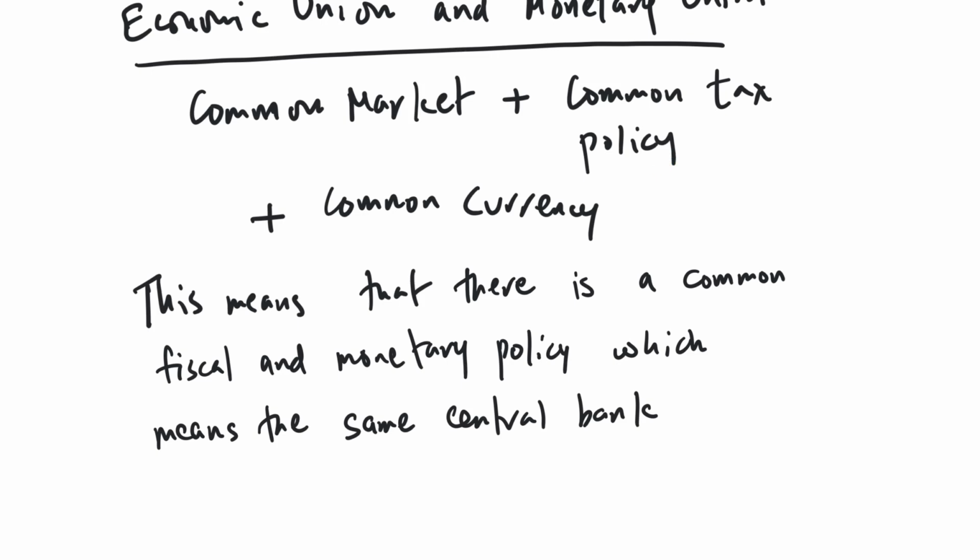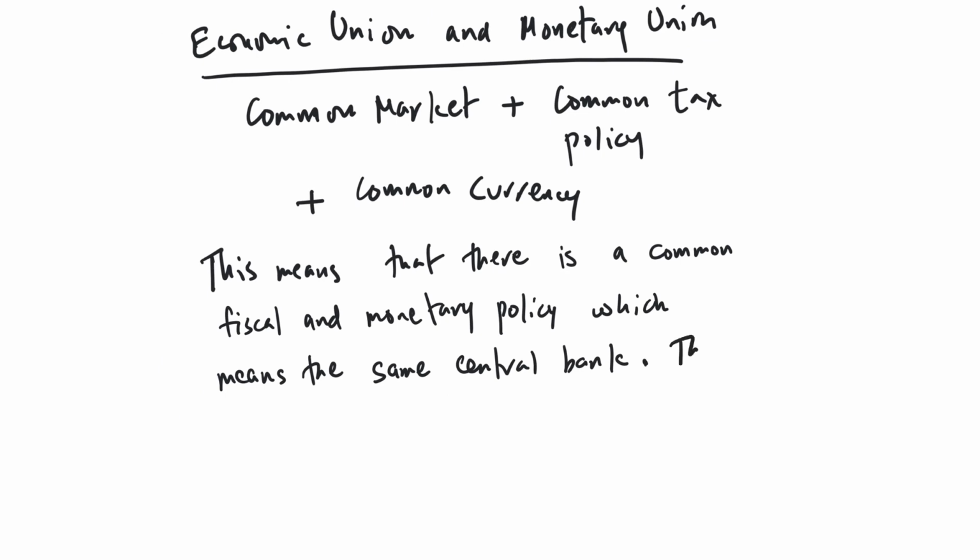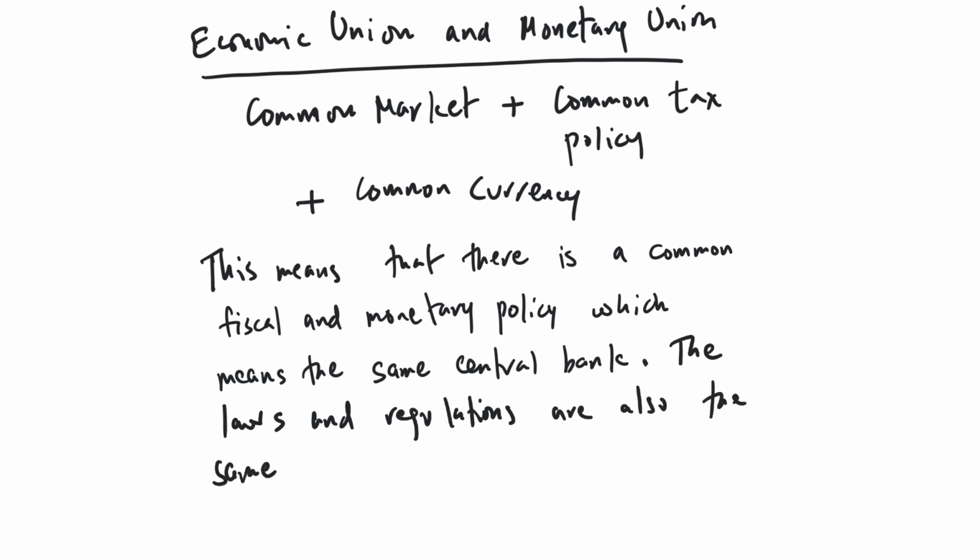Let me write this, that the laws and regulations are also the same on product and pollution, etc. So you have the same fiscal and monetary policy, and the same currency is being followed. Your central bank is the same because of course you need one single bank to issue, let's say, the euro.